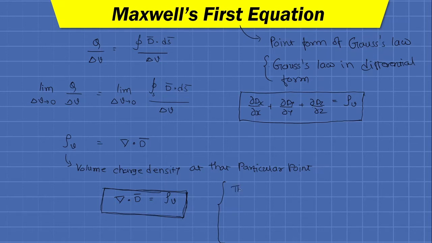The statement is: the divergence of electric flux density at a point in a medium is equal to the volume charge density at the same point.